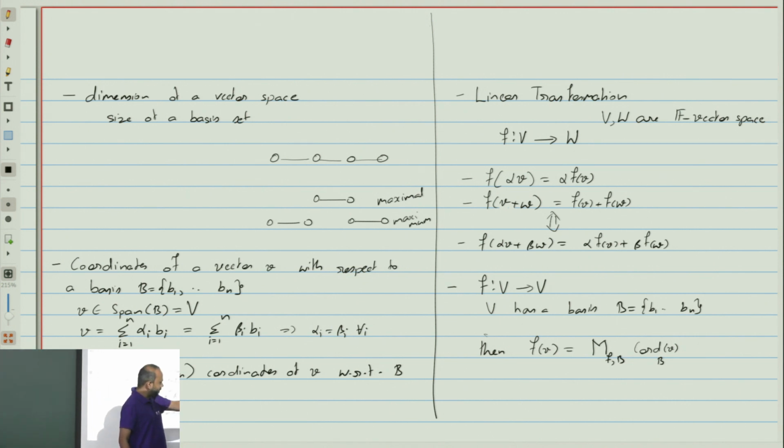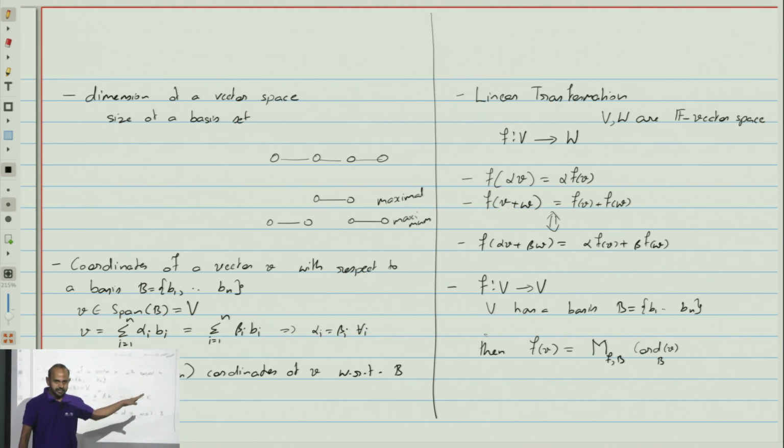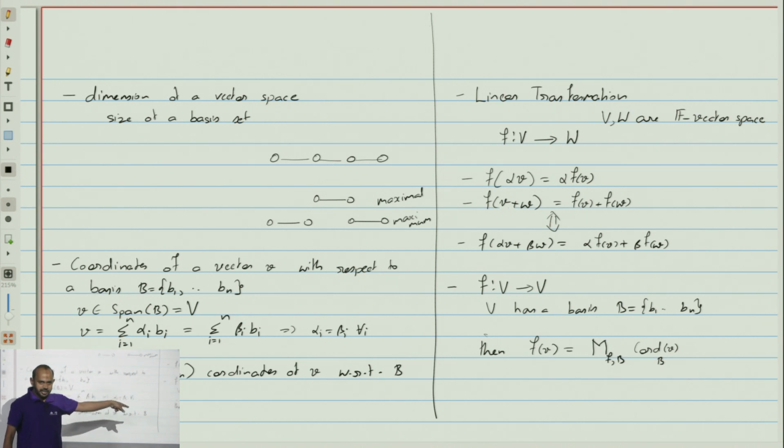So, if you want to apply f, the linear transformation f to the abstract vector V, it is the same as multiplying the matrix M to the coordinates of V with respect to B. So, once we fix a basis, every vector gets some coordinates and every linear transformation gets a matrix. And now you only work with this matrix and these coordinates. The vector space becomes like your usual tuple of real numbers, and linear transformation becomes matrix multiplication.